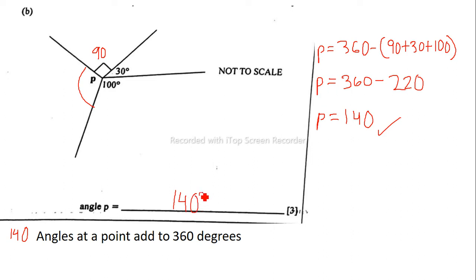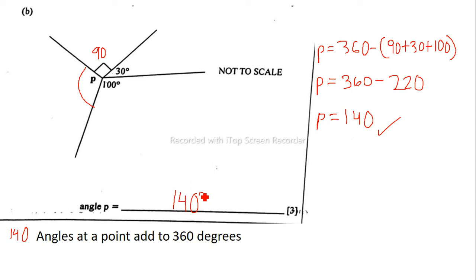I did it a different way to get the 140. What did you do? 30 plus 100 equals 130. Subtracted from 180 gives you 50.